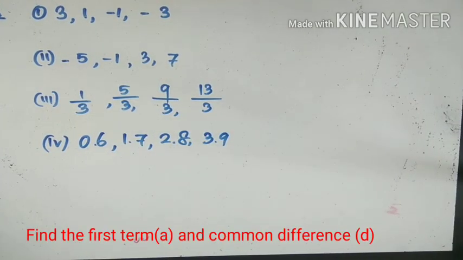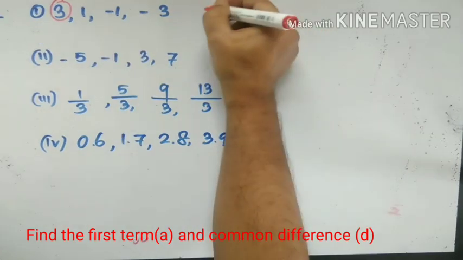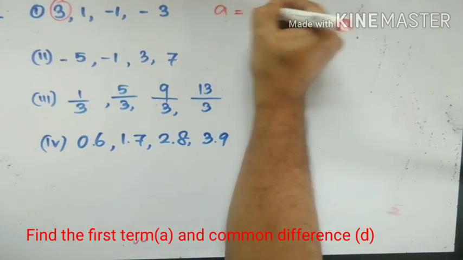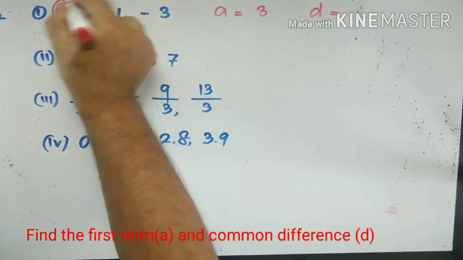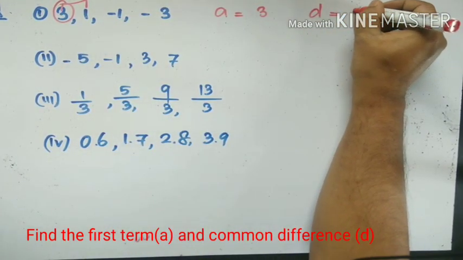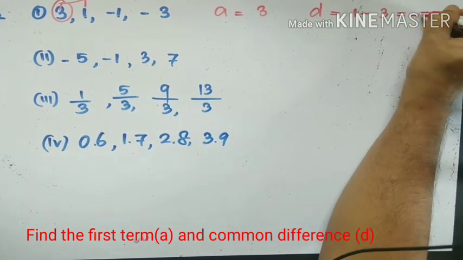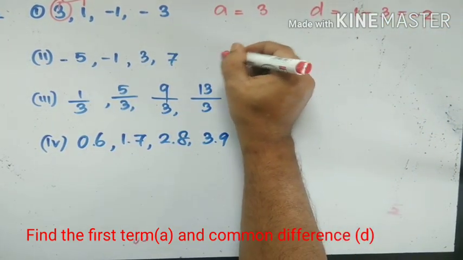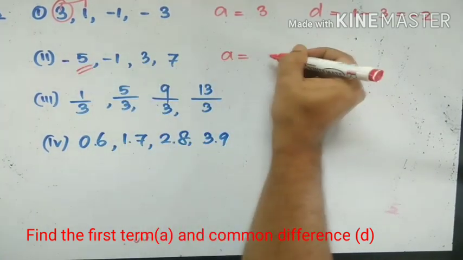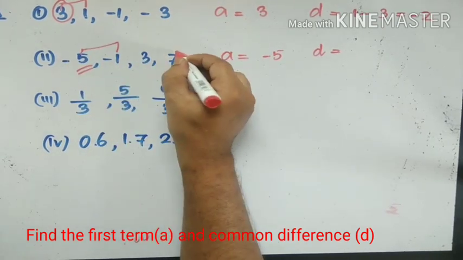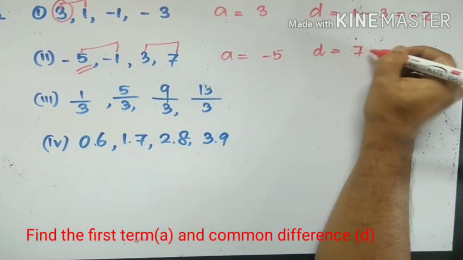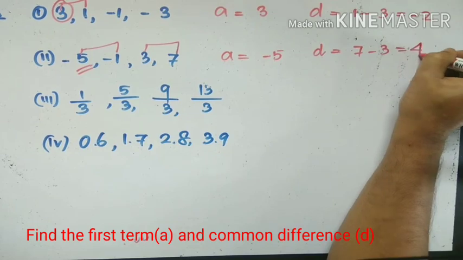Now these are APs. Now you have to find the first term and the common difference. In this example, this is the first term, so first term A or A1 you can write, it is 3, and the common difference, that means D, so 1 minus 3, that means D will be minus 2. In this example A, that is the first term, is minus 5, and the common difference D, this minus this, or you can do this one minus this one, 7 minus 3, it will be 4.